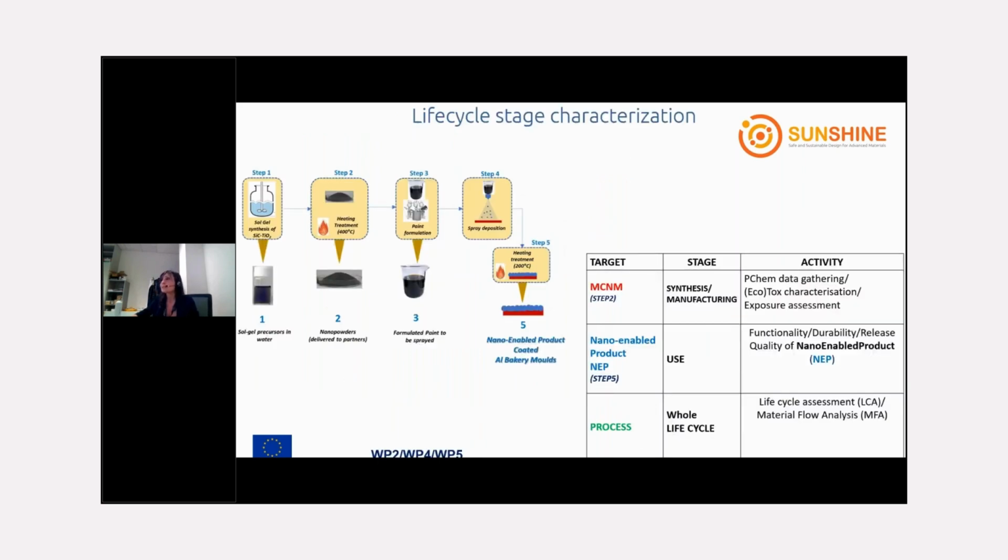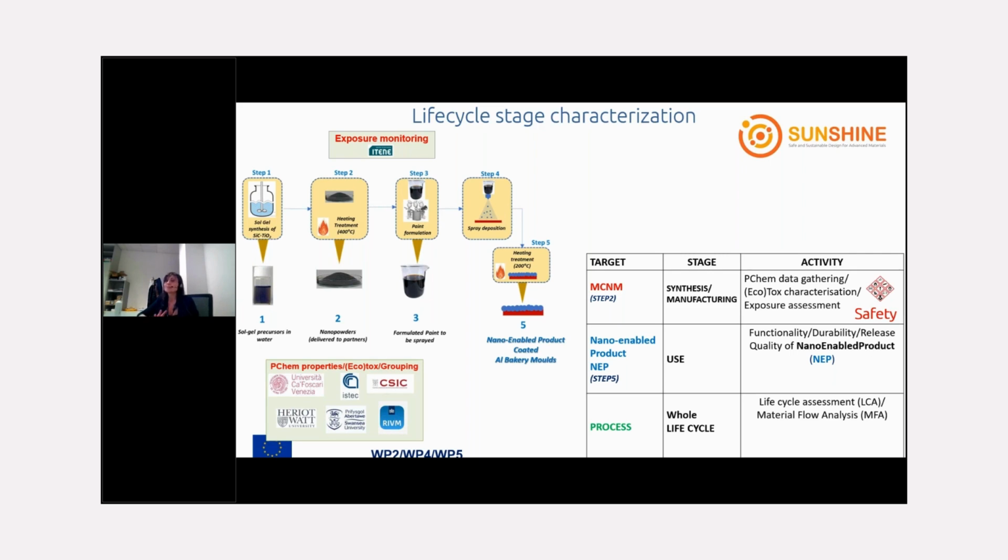We proceeded by characterizing the material in the case study with a life cycle stage approach, addressing safety, functionality, and sustainability. The safety has been addressed by characterizing the multi-component nanomaterial in terms of powder, so the powder coming from the heating treatment from stage 2.